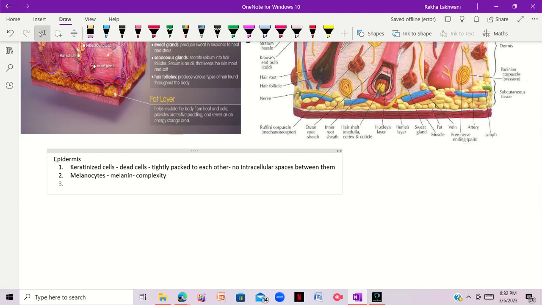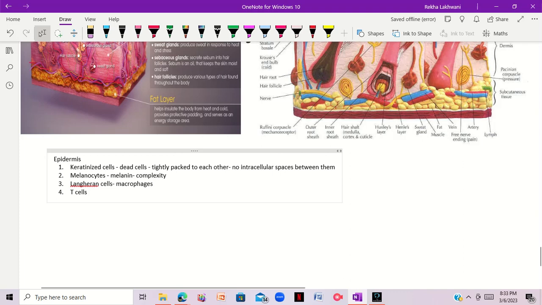Third, we have Langerhans cells. They have macrophages. Then we have T cells. These Langerhans cells are used in acquired immunity.